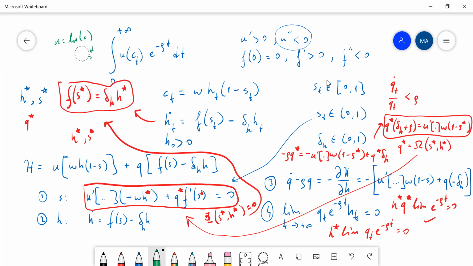So f of s equals a times s to the alpha. So a is greater than 0, alpha is between 0 and 1. Then you can characterize the optimal path.